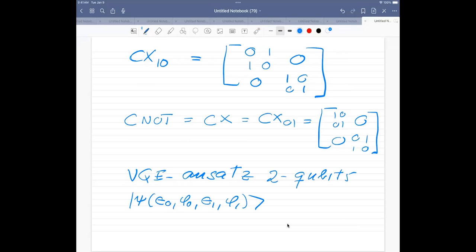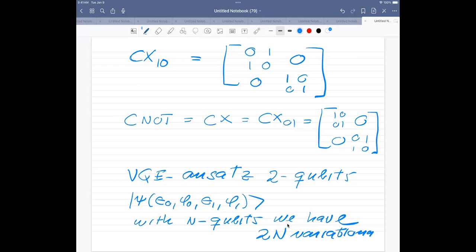That means that if we have n qubits, we have 2 times n variational parameters. So clearly this becomes quite a lot if you increase the size of the system.